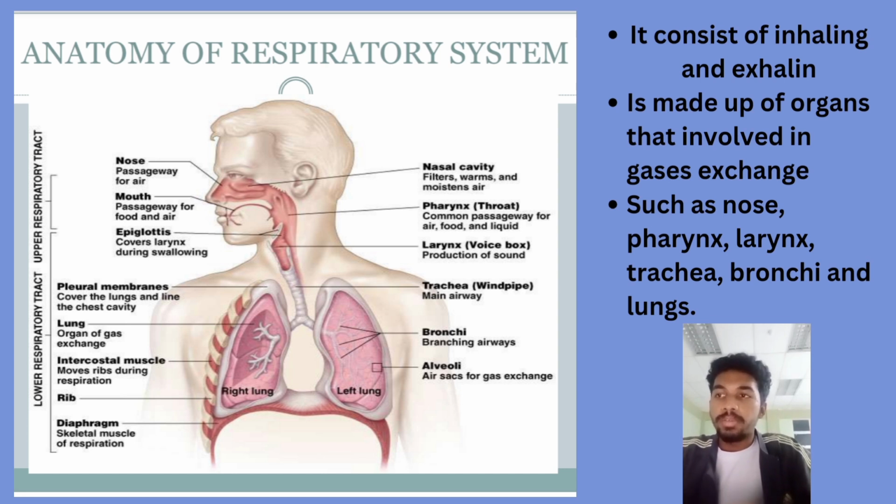It is made up of organs involved in gas exchange, such as the nose, pharynx, larynx, trachea, bronchi, and lungs. The respiratory system is very crucial for us to stay alive, so that we can inhale and exhale. So having a good respiratory system and good lung health is very crucial for life.